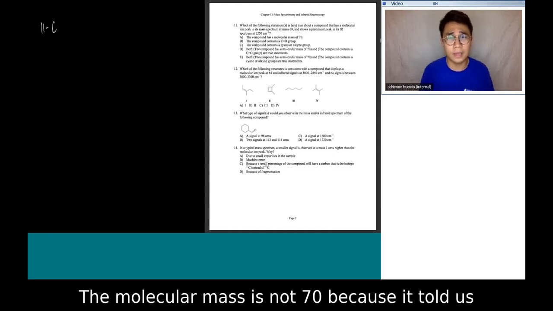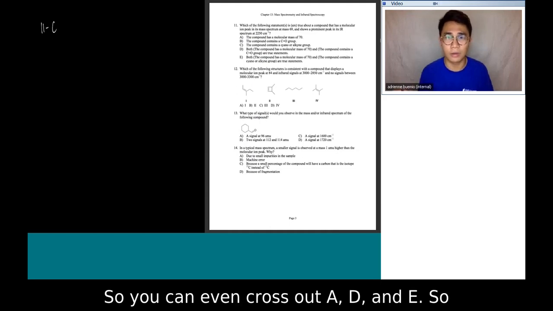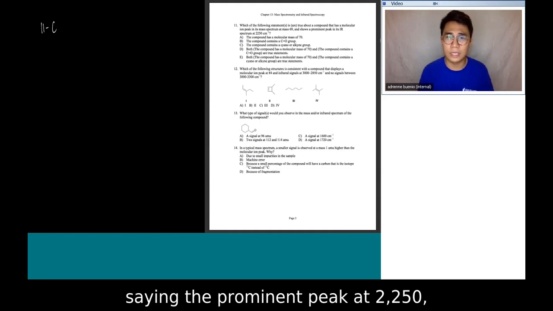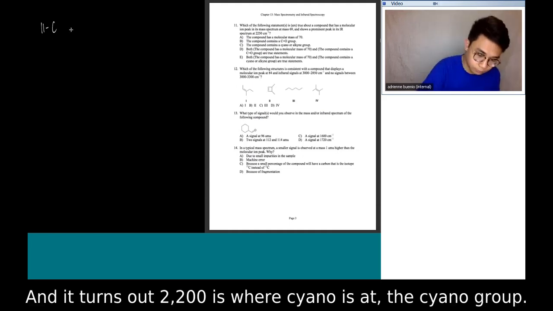The molecular mass is not 70 because it told us it's 69, obviously. So you can even cross out A, D, and E, so you should be down to B and C. And it's saying the prominent peak at 2250. So which one of those groups is at 2250? It turns out 2200 is where the cyano group is at.